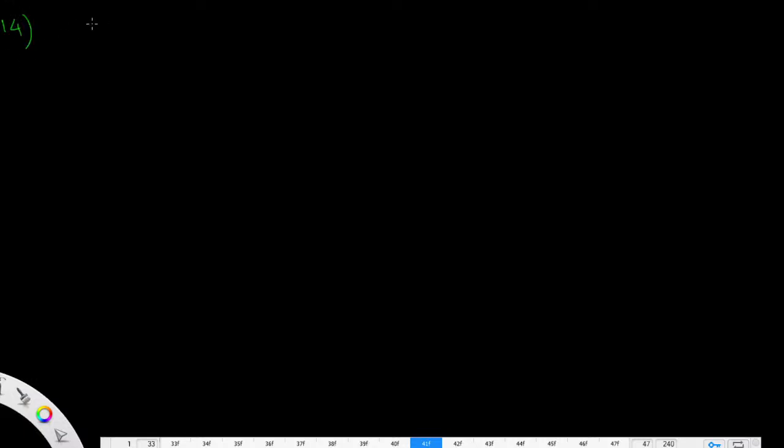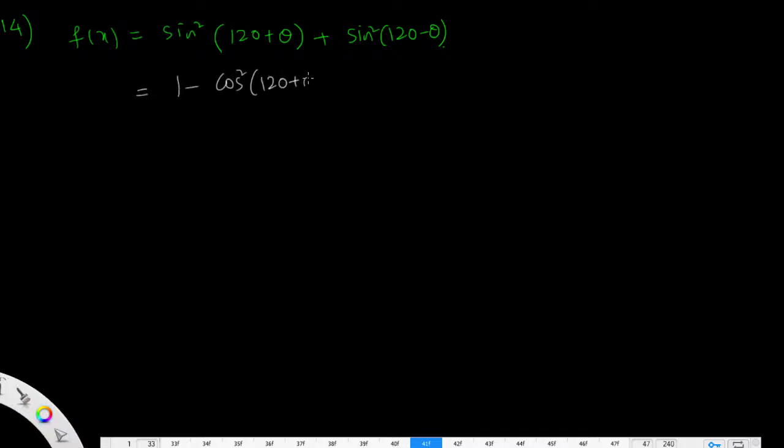Same concept question: f of x equals sine square of (120 plus theta) plus sine square of (120 minus theta). This can also be written as 1 minus cos square of (120 plus theta) plus sine square of (120 minus theta).